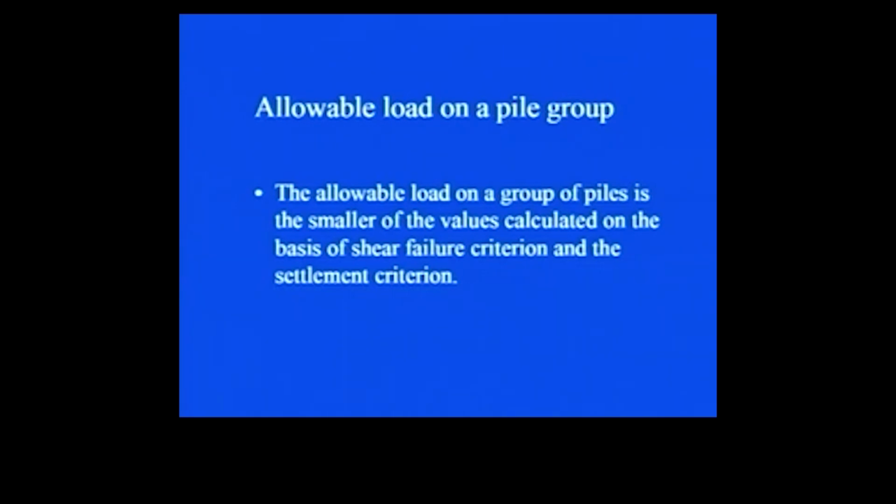Then the allowable load on the group of piles is the smaller of the values calculated on the basis of shear failure criteria and the settlement criteria. The thing is that it has to be stable or safe against shear failure, as well as the settlement should be less than the permissible settlement.